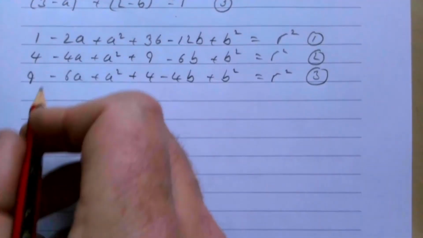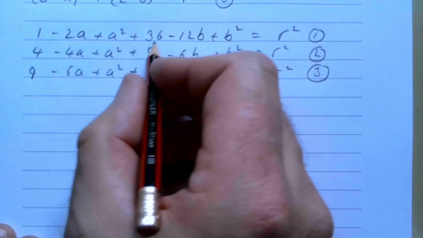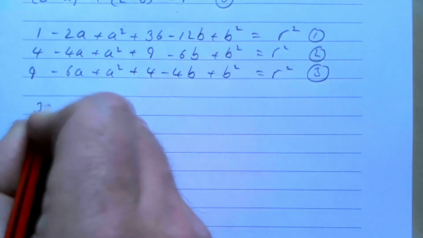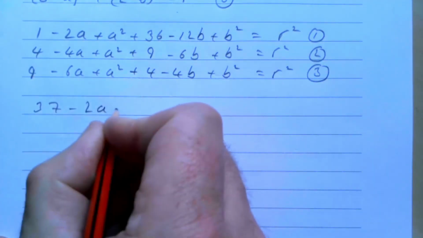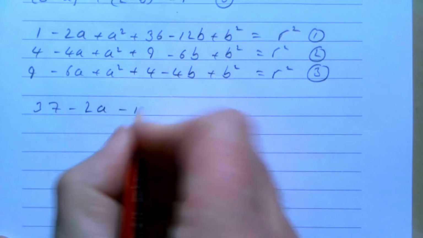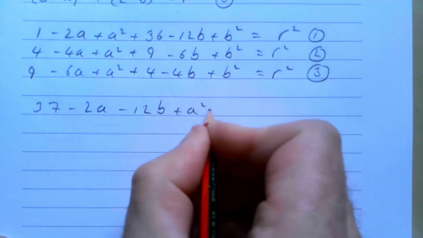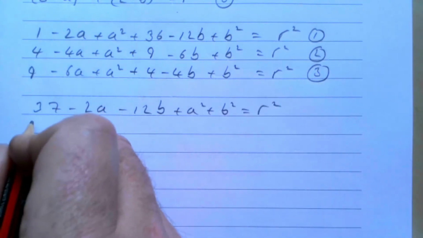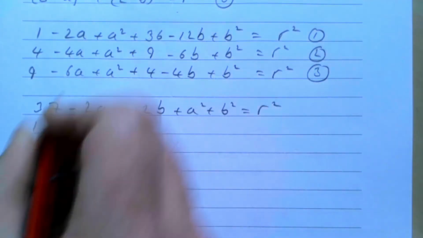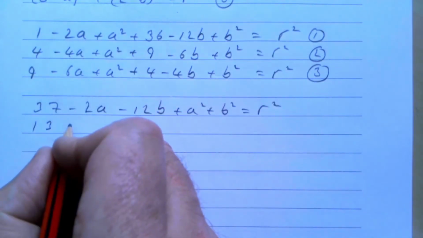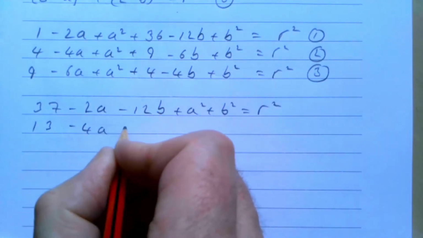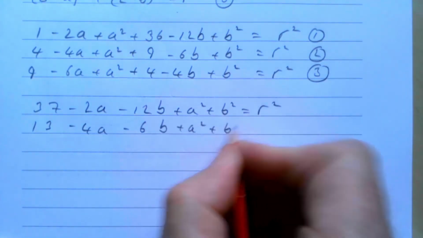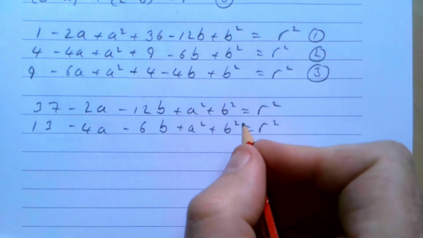We're still not there, but if we tidy up the 1 and the 36, we'll get something a wee bit tidier. So we're going to have 37 minus 2a minus 12b plus a squared plus b squared equals r squared. For our second one, we will have 13, that's the 4 and the 9 obviously, minus 4a minus 6b plus a squared plus b squared equals r squared.